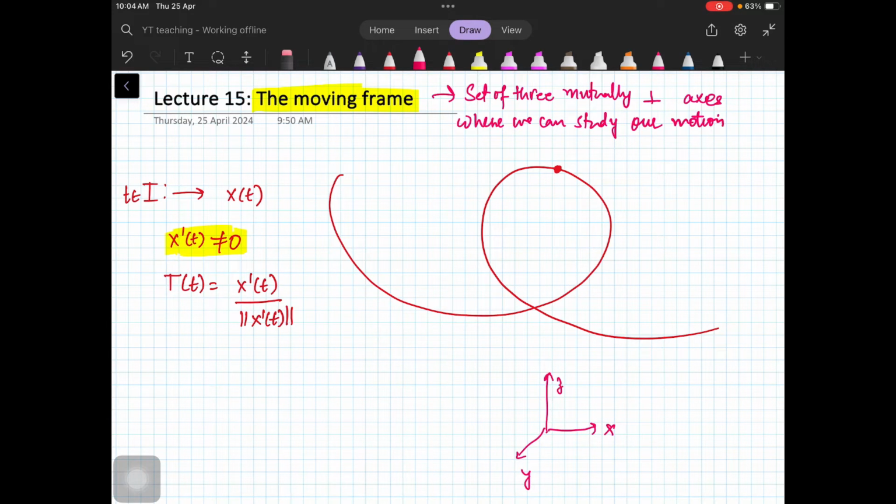That is true, we can always work with that. But when you have space curves, we also have a moving frame, in the sense that at every point we have a set of three perpendicular vectors which move along with the points. That's why it's called a moving frame. So the first condition for a curve to have a moving frame is that x prime t should not be 0 at any point. There is one more condition which I'll tell you.